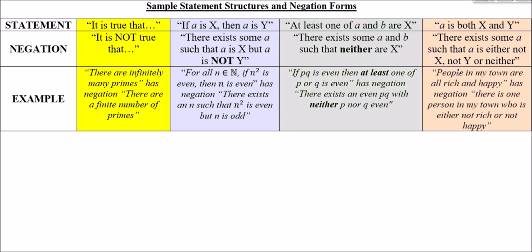So an example might be: people in my town have a property of both being rich and happy. That would be proven wrong by a negation along the lines of: there is at least one person, remember not all or even a few, just one person in the town who either does not have the property of being rich or not the property of being happy. Or could have also said neither rich nor happy, of course.